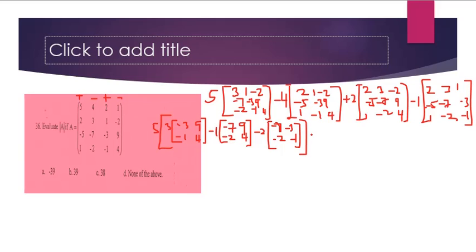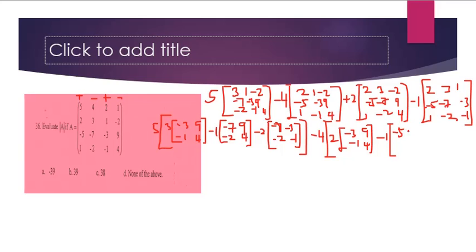Okay, minus 4. Okay, now we have what? Taking 2 into consideration. Okay, so we have 2. We have what? Minus 3, 9, and then we have what? Minus 1, 4. Okay, then move on to what? Minus 1. Okay, minus 1, we have what?